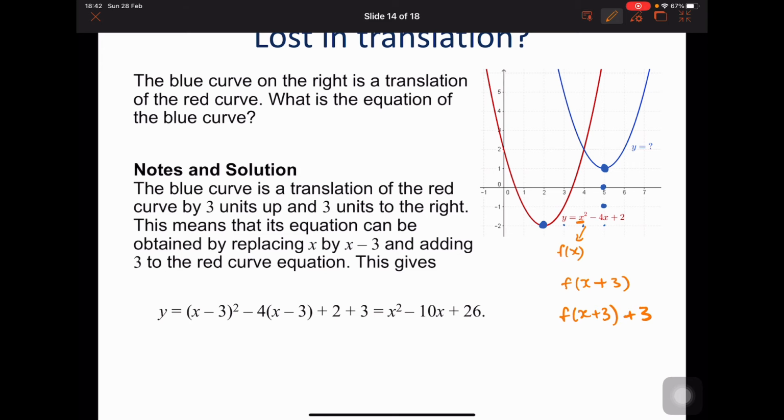Instead of writing x squared and 4x, we're going to write x take away 3 squared. And instead of 4x, we have 4 multiplied by x take away 3 plus 2. And then, now we've done this bit, we just add 3 at the end. And so by expanding brackets and cleaning that expression up, we end up with this quadratic expression.